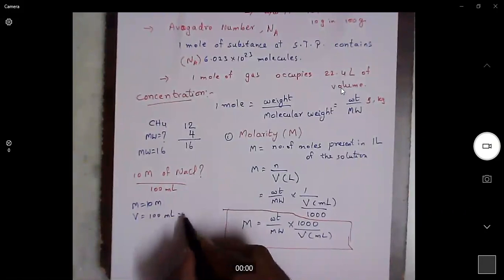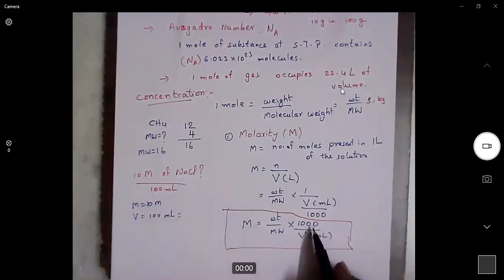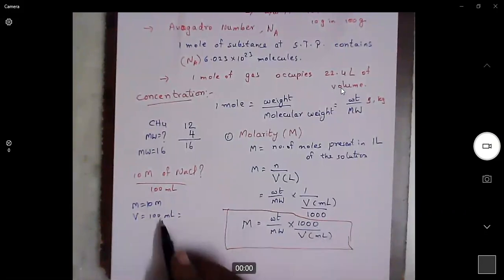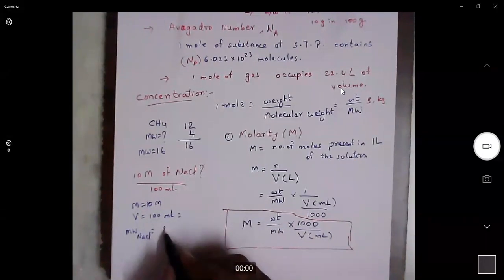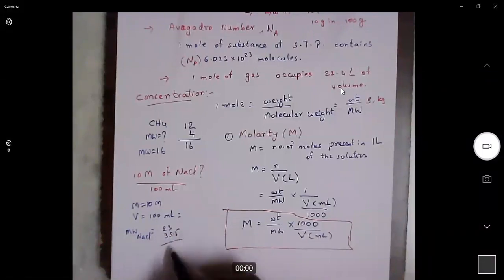We have converted it into liters in the formula itself, so we don't need to convert it further. Now what is the molecular weight of NaCl? Sodium is 23, chlorine is 35.5, so altogether it is 58.5.